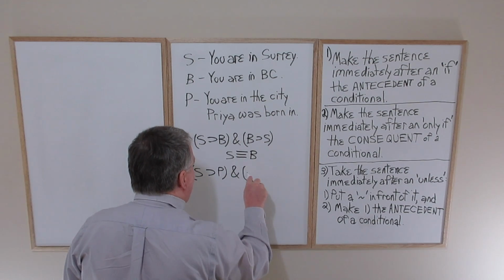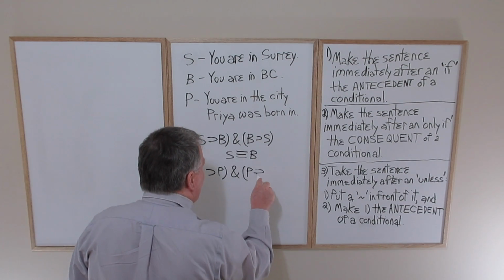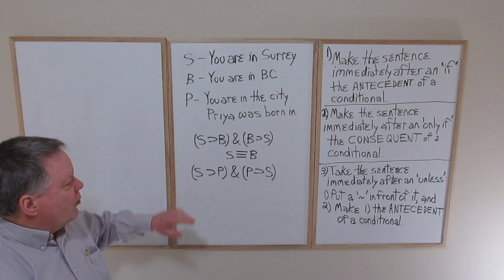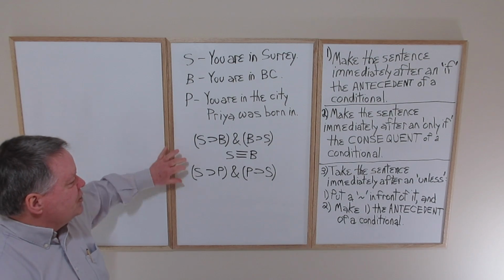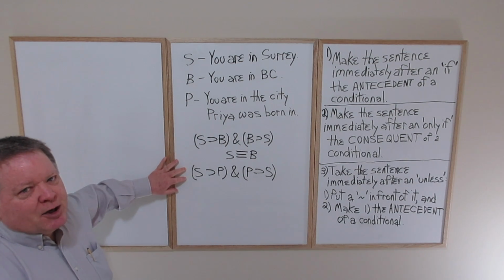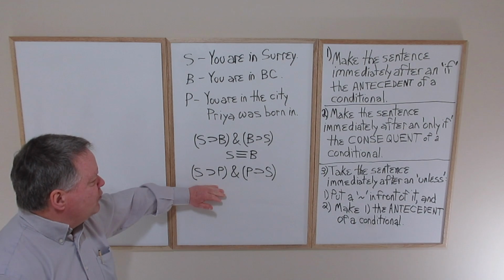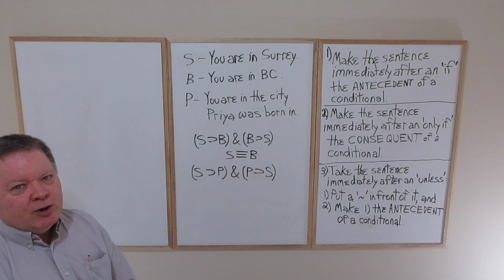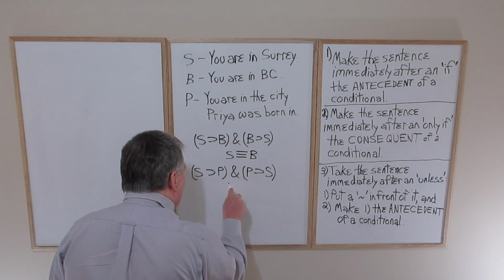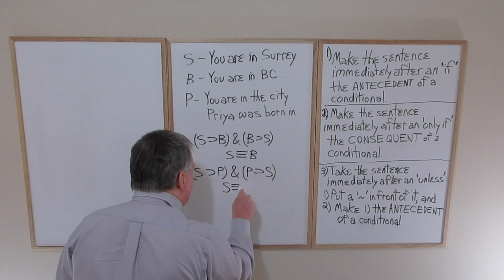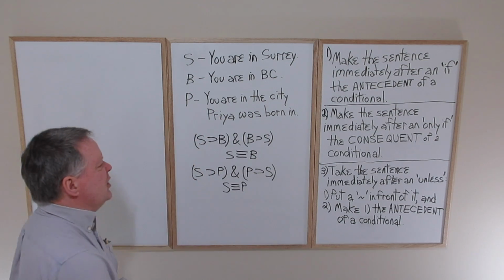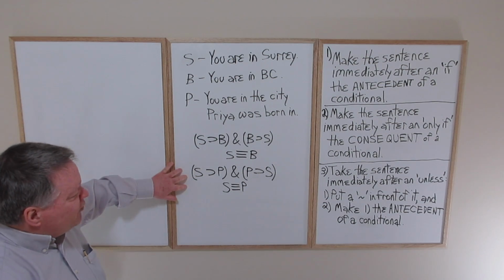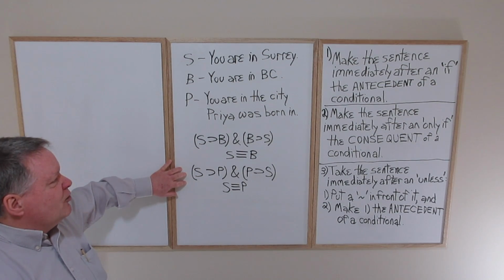It's also true, however, that if you're in the city Priya was born in, then you're in Surrey. So, unlike the top situation, this conjunction is true because both of the mirror image conditionals are true, and thus, you're in Surrey if and only if you're in the city Priya was born in is also true. This isn't generally the case.